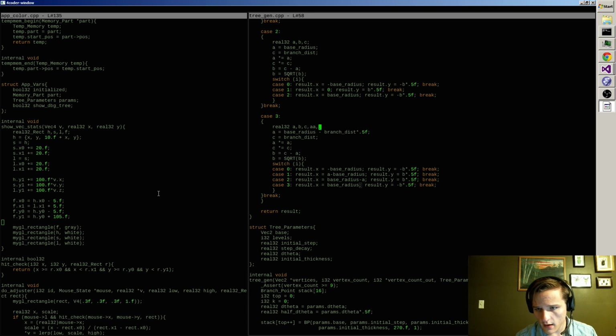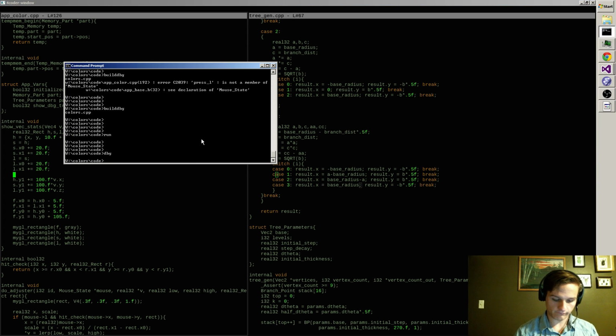A, C, C for the squared versions. A equals A times A. C equals C times C. That's probably not strictly necessary, actually. But I'm going to do it anyway. B becomes that, so A will still be correct. And so we'll solve the first of at least 2 problems that I know of.